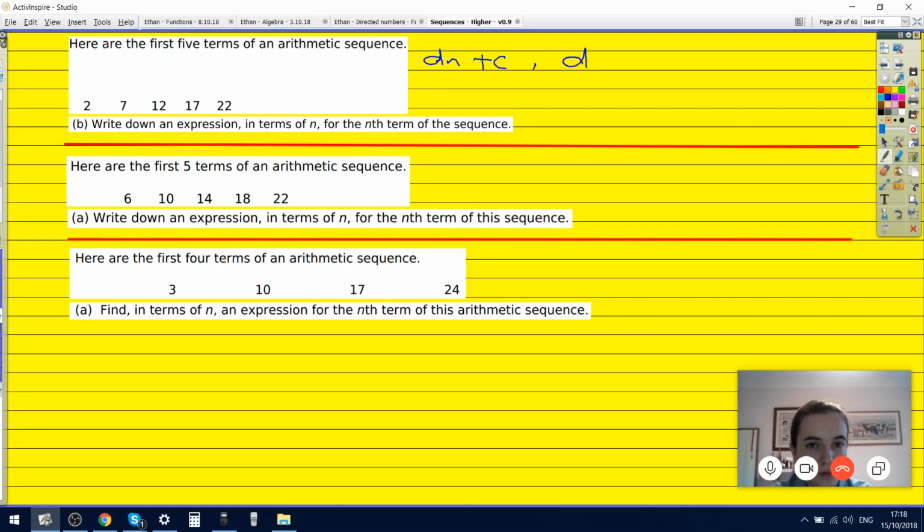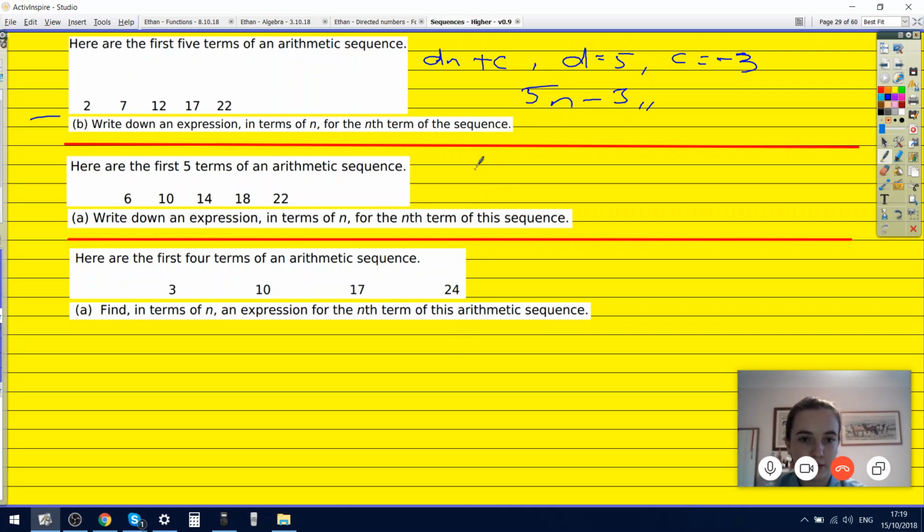So for this one, common difference is 5. C is term 0, if there was one there before the first term. 5n minus 2, or minus 3. Yeah. And so nth term is? Oh, 5n minus 3, yeah. That's it. Okay, second one.